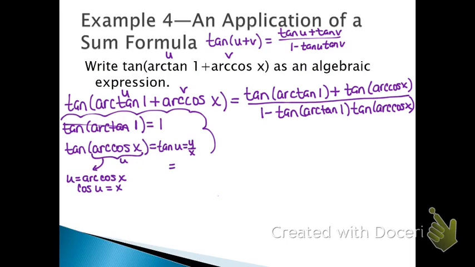What is cosine in terms of x, y, and r? All right, so this cosine of u equals x. I need to make that into a fraction, so I'm going to put that x over 1. So doing that, we know x is x. We know r is 1, and we need to find y, don't we?